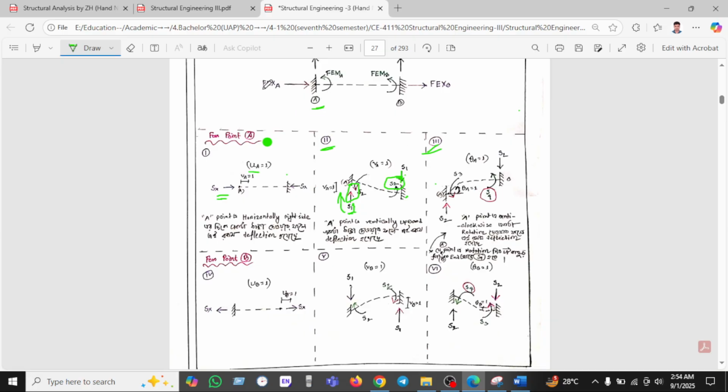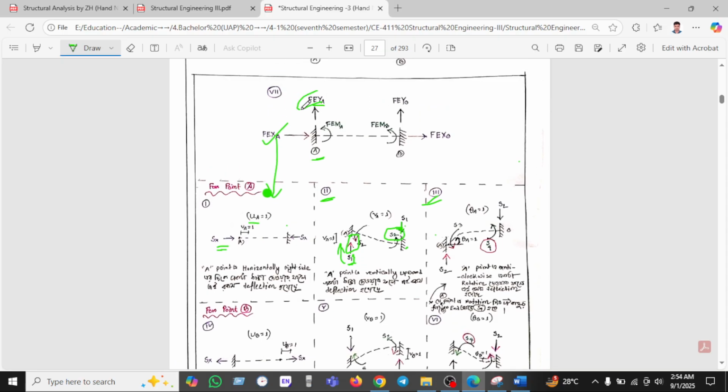First we used the axial deformation, and then we used the vertical deformation. Now we can use the moment or rotation at the same point A. So let's take a unit rotation at point A. The member will be rotating, going down.